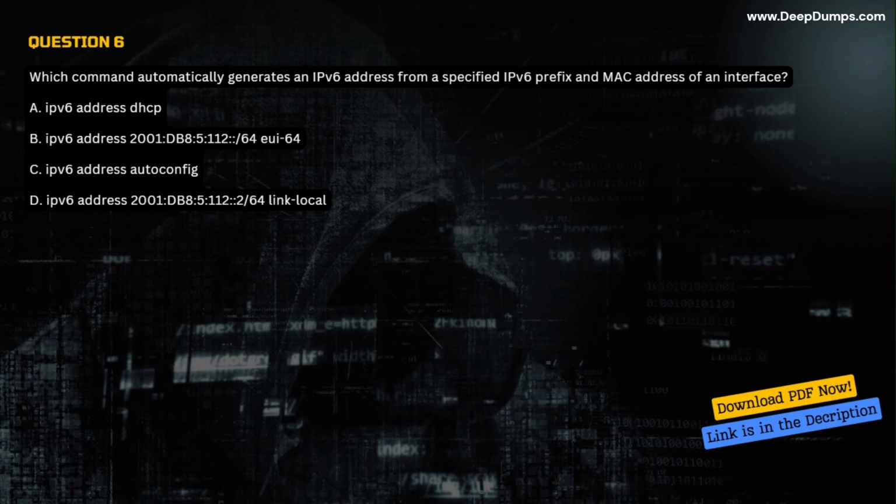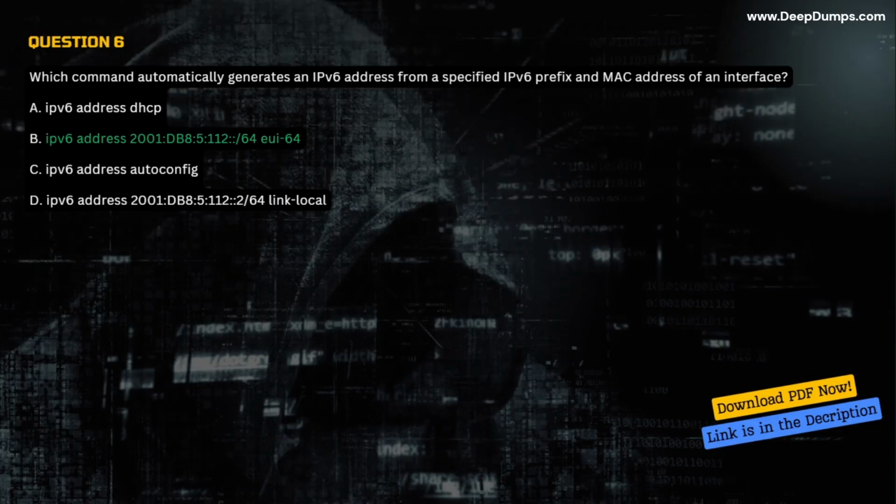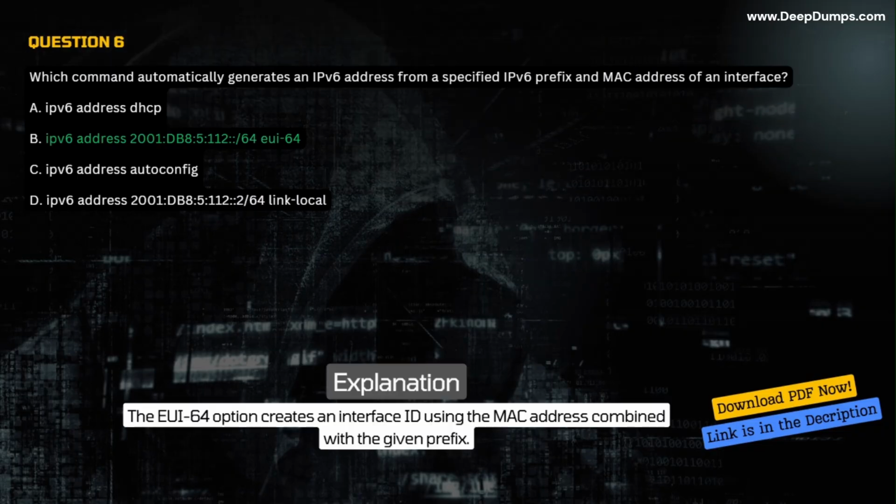D. IPv6 address 2001:DB8:5:112::/64 link-local. Correct answer B. IPv6 address 2001:DB8:5:112::/64 EUI-64. Explanation. The EUI-64 option creates an interface ID using the MAC address combined with the given prefix.